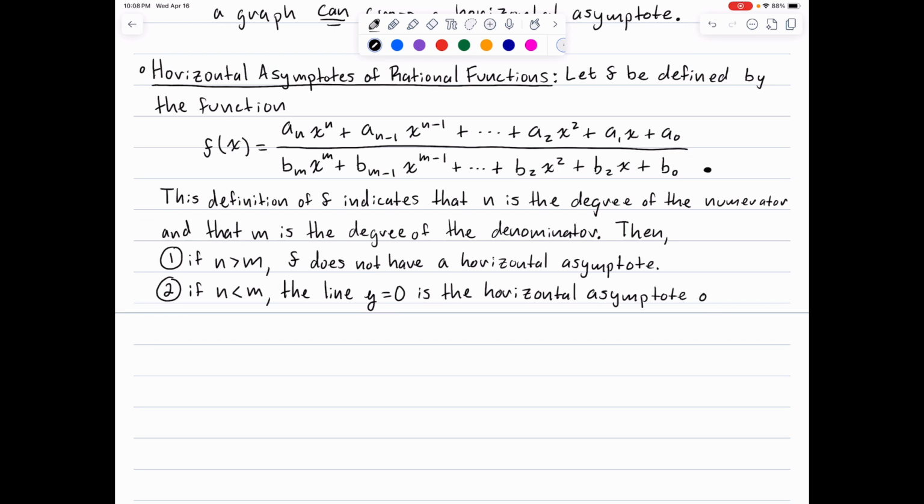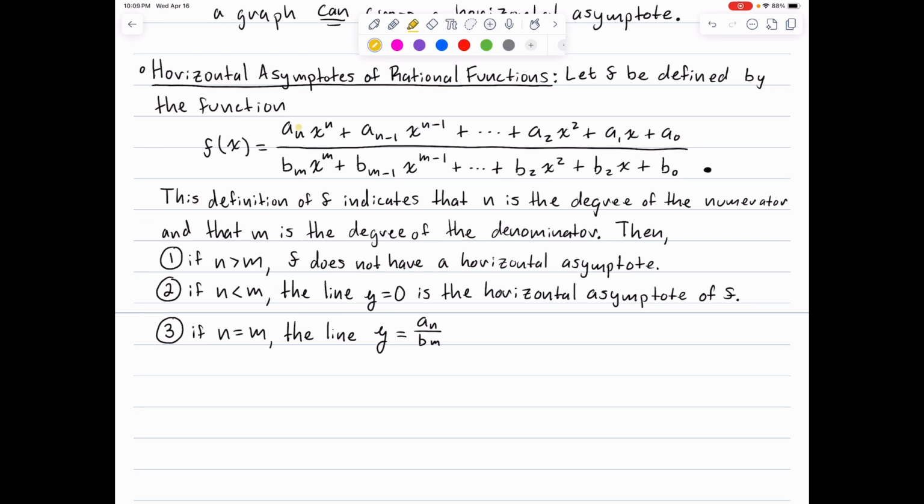And 3, if n equals m, then the line y equals a sub n over b sub m is the horizontal asymptote of f.